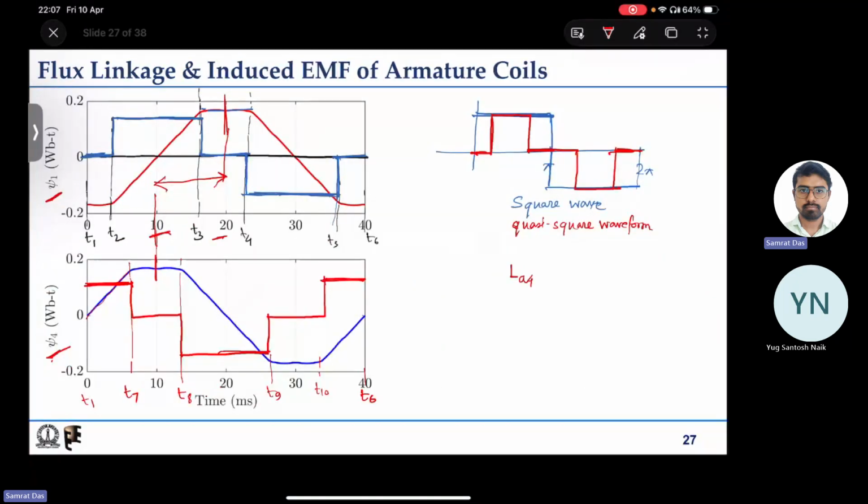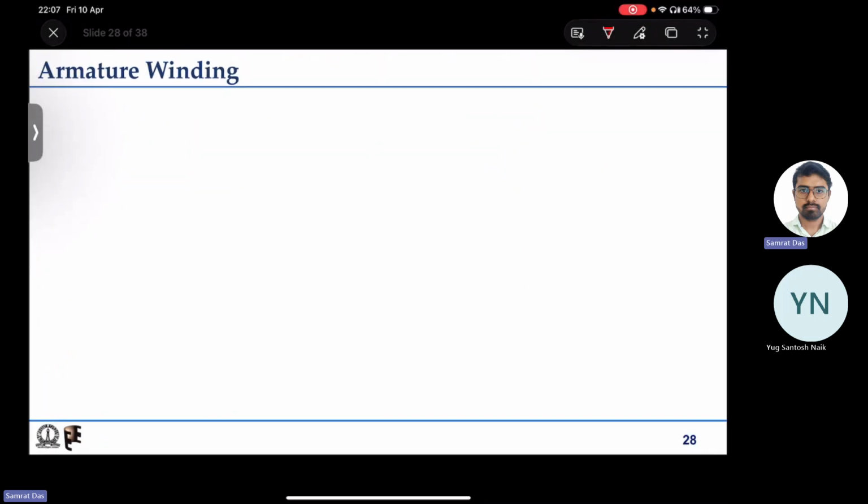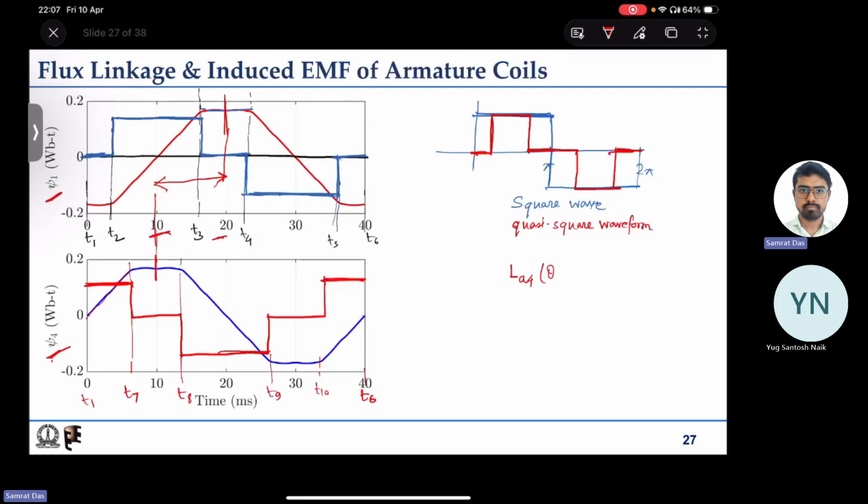So if you actually have to represent the pink coil, the inductance will be a function of rotor position, and also you will have some resistance. So how to represent that?